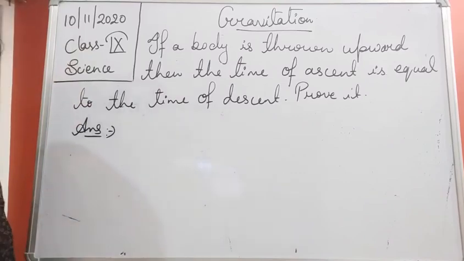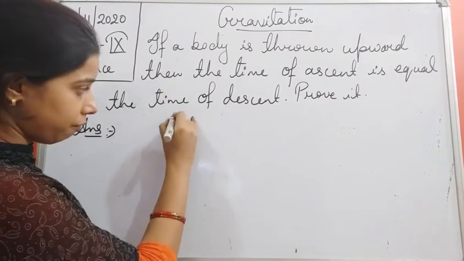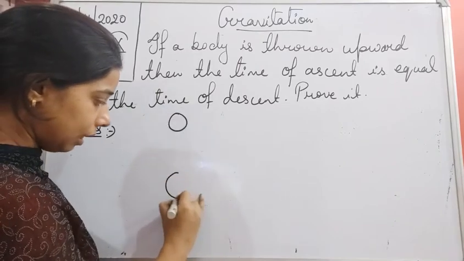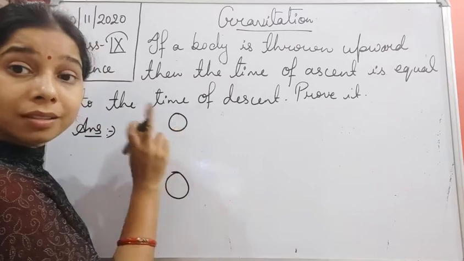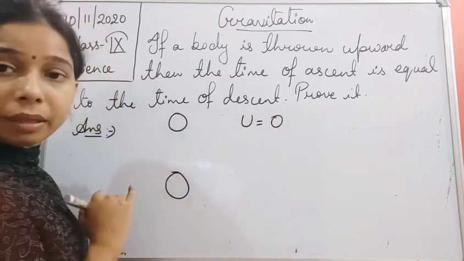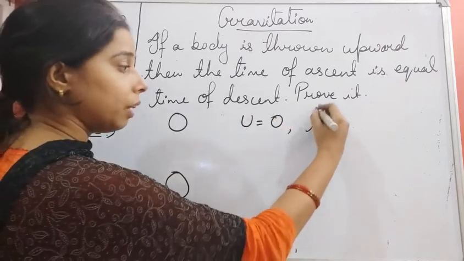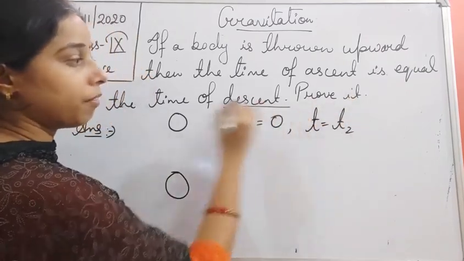Now you see, students, when the ball comes in the downward direction from here to this position again, at that time u will be 0. So we can write that at the time of descent u will be 0. t will be taken as t2, because here we are seeing the time of descent.